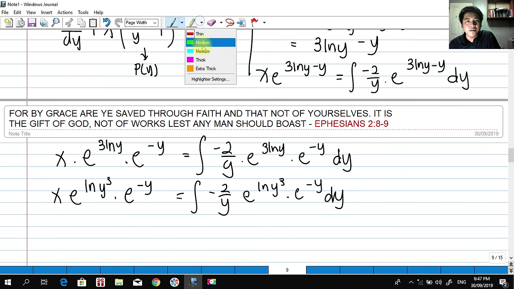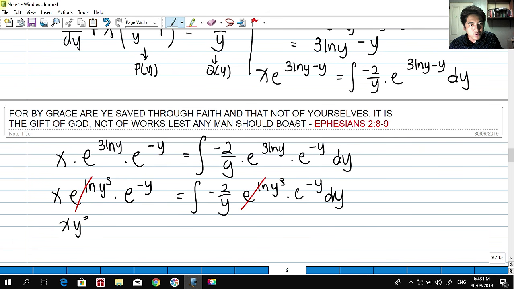As you can see here, this e raised to ln will cancel, and we are left with x y cubed e raised to negative y here, and we are left with the integral of negative 2 over y times y cubed multiplied by e raised to negative y dy.